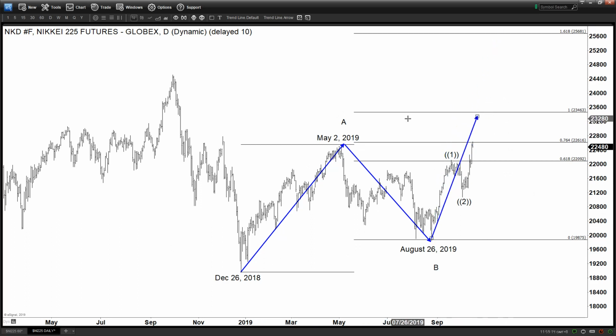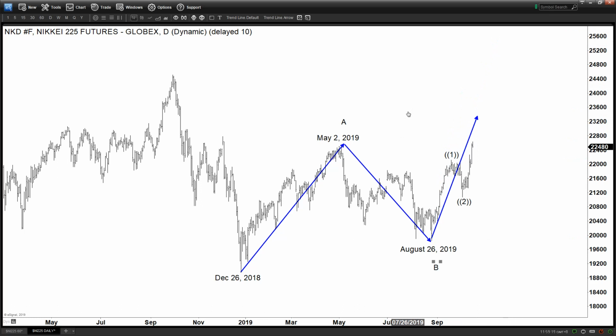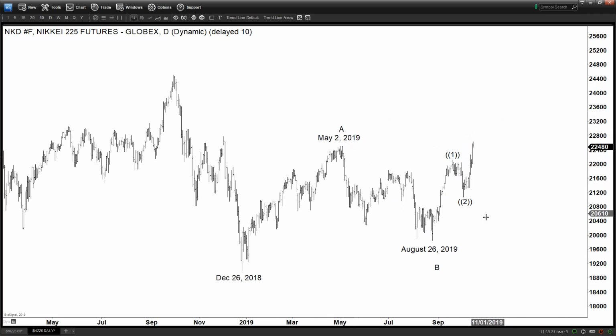So the bulls are gaining control since last week, and we see that in several different instruments in our service. If you watch the chart of the DAX yesterday, it's also saying the same thing.